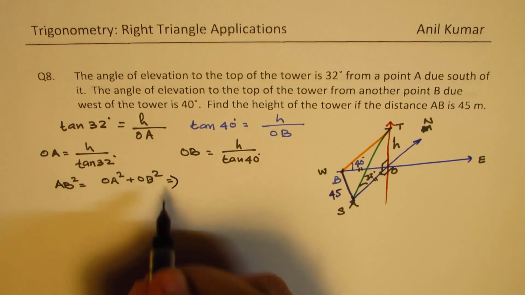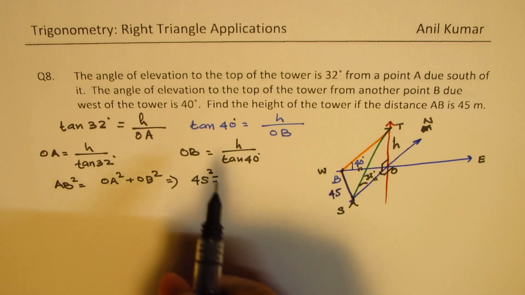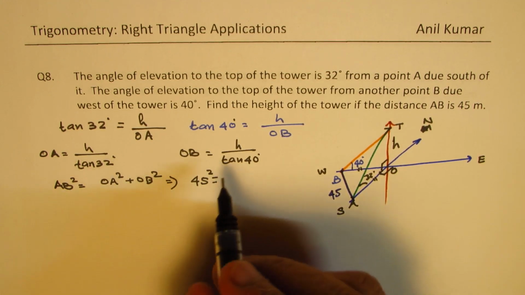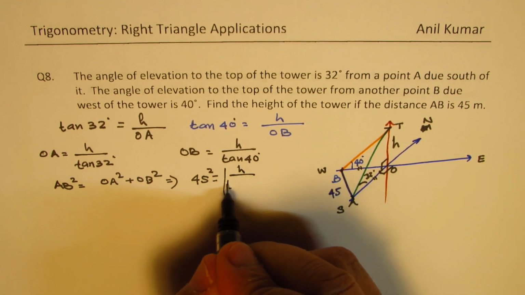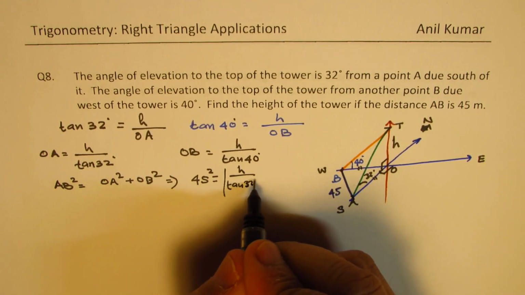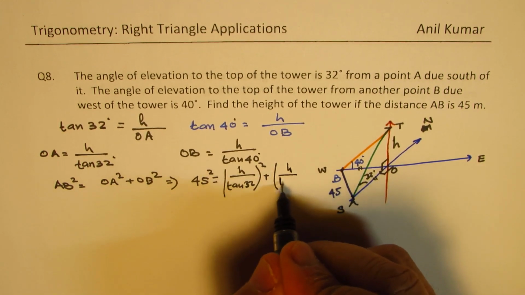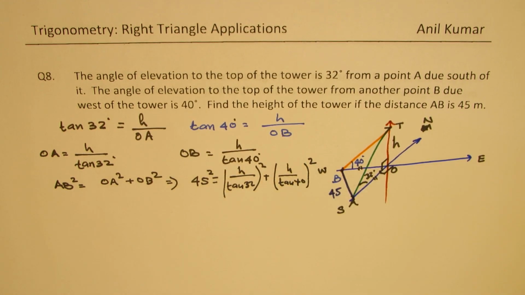Perfect. And therefore, 45 square is equal to the sum of these two squares, which is h over tan 32 square plus h over tan 40 square. Is that clear to you?